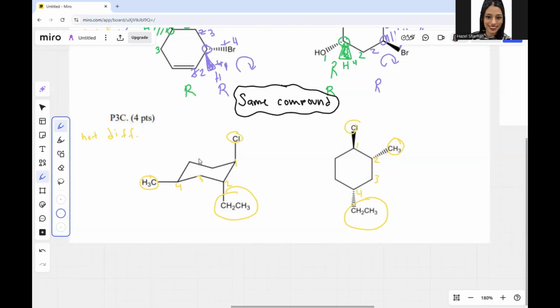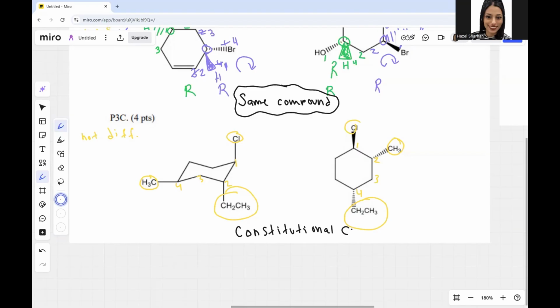However, our number 2 on the first molecule is an ethyl group, and our number 2 on the second one is a methyl group. And then our number 4 here is ethyl, and our number 4 here is methyl. So they've been swapped. They're not the same on both. So that means they're not different, but they do have different connectivity. So we can write this is constitutional, and we do not need to compare any further.